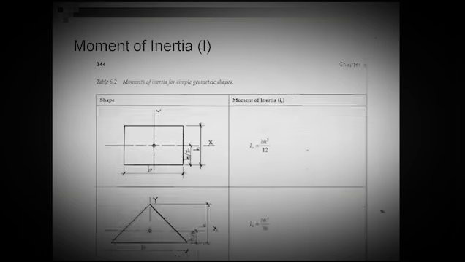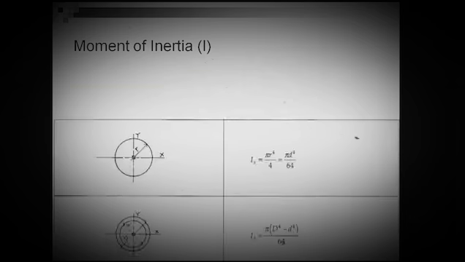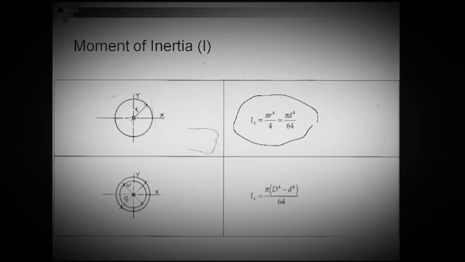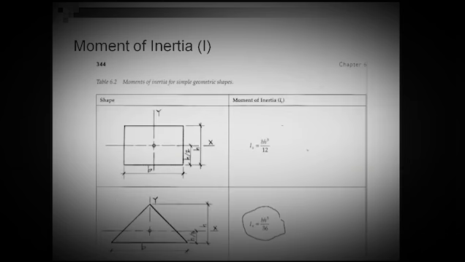So now, instead of me going through the integral process for every single shape we are going to encounter, I'm going to give you those two slides, and those two slides give you a pre-made exact formula for moment of inertia for common shapes.